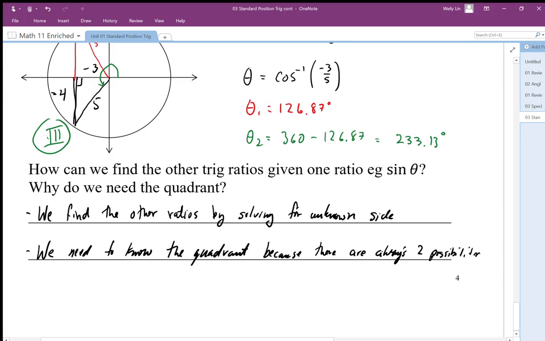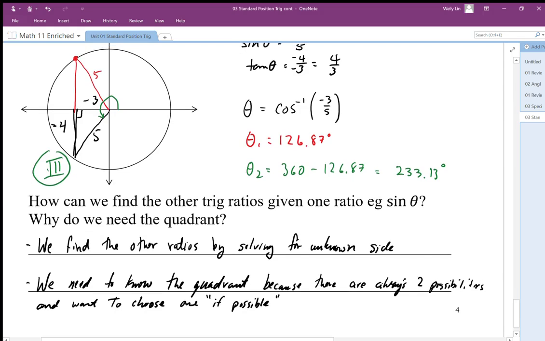Okay, so there's always two possibilities, and we want to choose one if possible. Okay, so we want to narrow it down to one if possible. Okay, now if we can't narrow it to one, we have to give both solutions. If we're being asked to solve for the angle from the ratio, if we don't have any indication of which quadrant we really should be in, we need to make sure that we give both possibilities then.